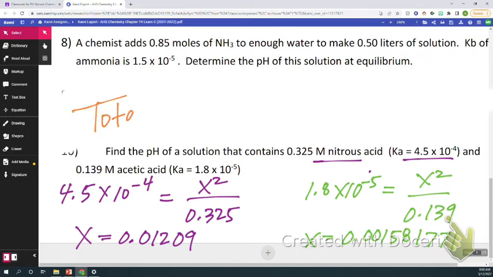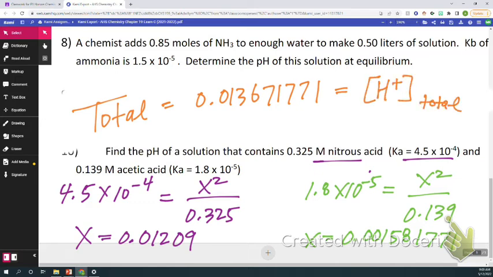Like total, I'm getting 0.013671771. Again, I could be making mistakes. I'm not checking my work. I'm just plugging in for the first time. I hope it's right. And then you add the two x's together, which is that right here. That's the H plus now. H plus total. Negative log and you get pH equals 1.86.